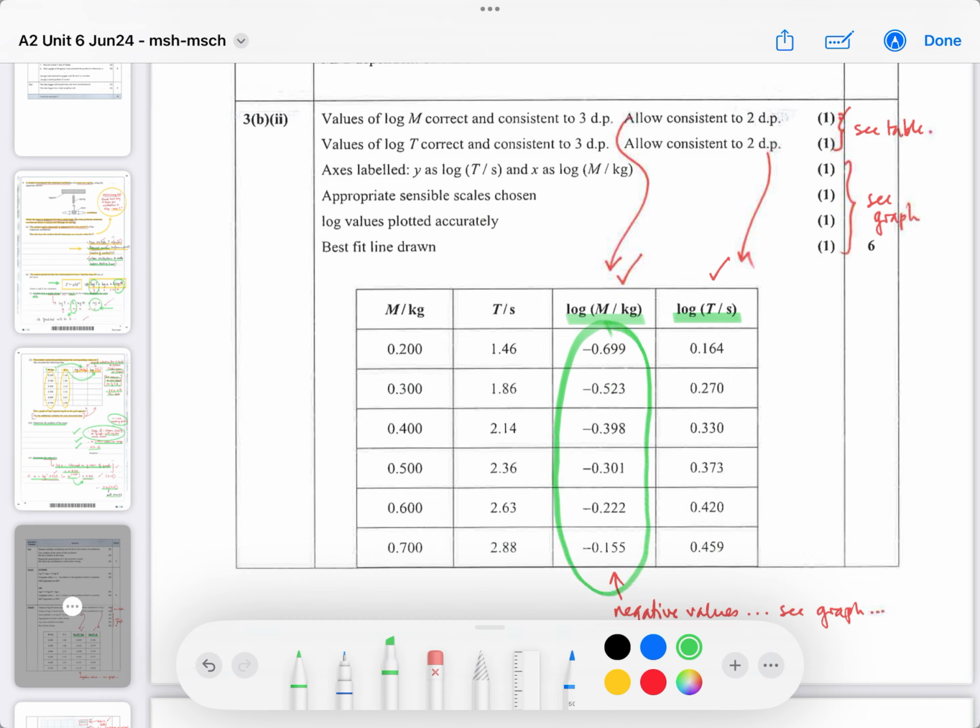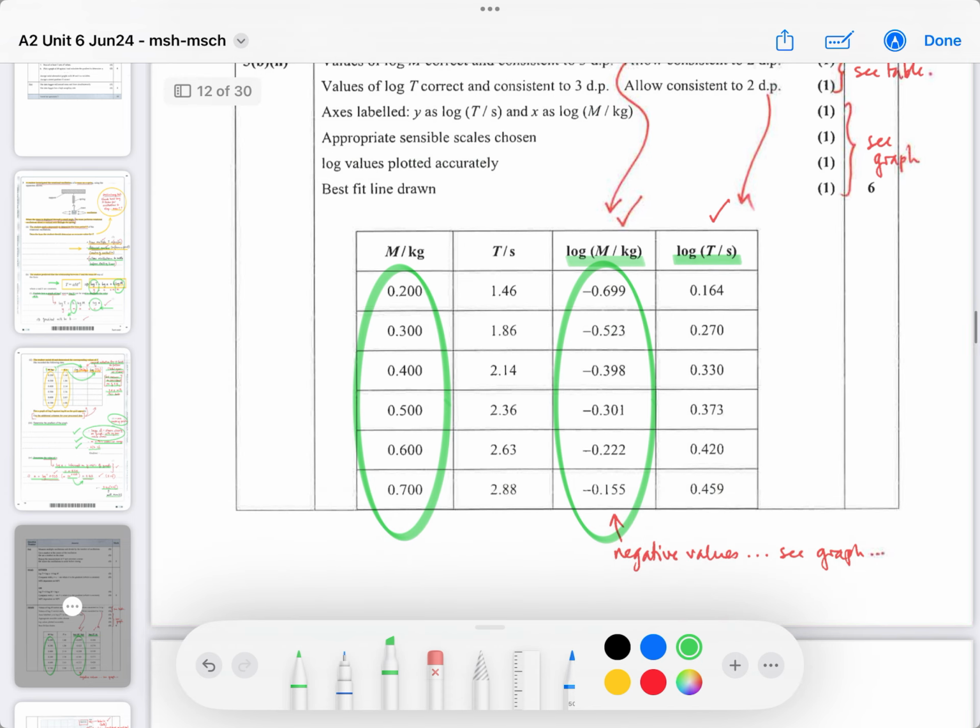And that's because all the masses are less than 1. Yeah? Because 10 to the naught, yeah, is 1. Anyway, anything less than 1 will give you a negative log, is what I'm trying to say. Okay? Whereas time, you're not less than 1, so they're going to give you positive logs. So your gradient is going to be with negative values on the y-axis.